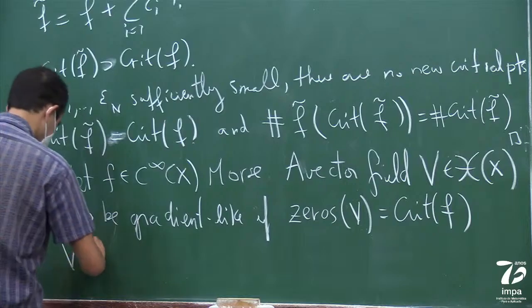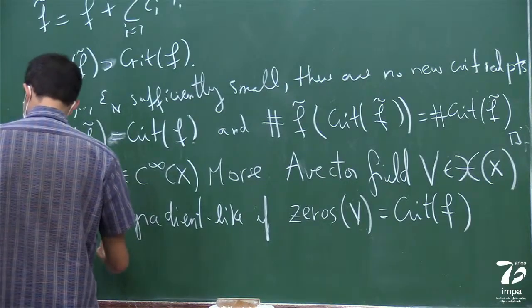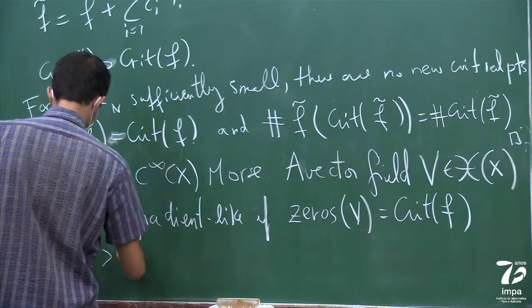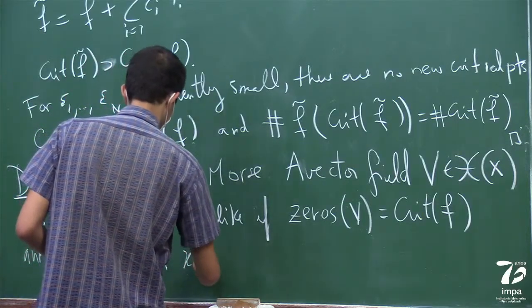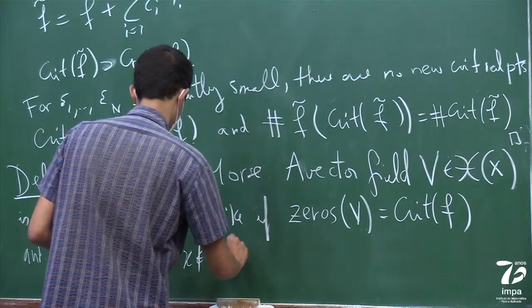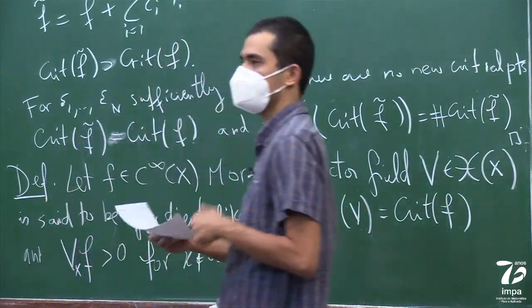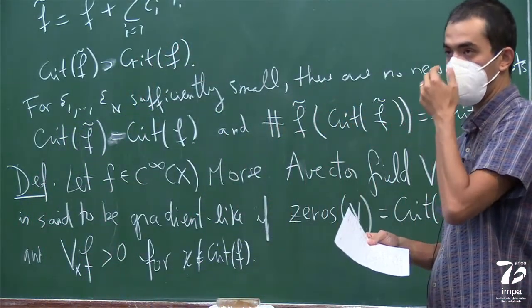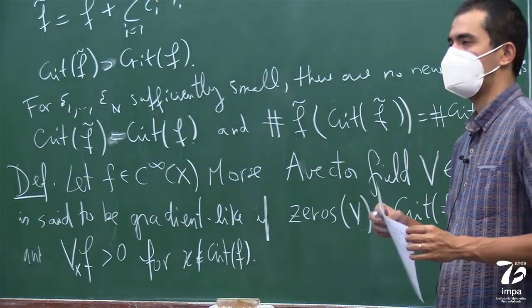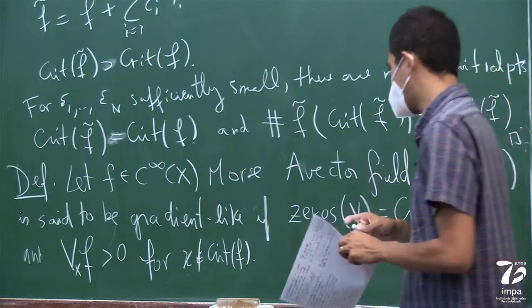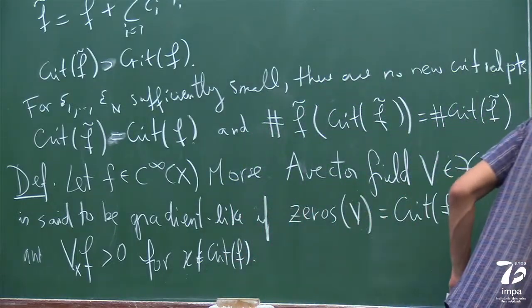So V_x of f is bigger than 0 for x not a critical point. The derivative of f in the direction of V is positive whenever you're not at a critical point. So that's what it means to be gradient-like.